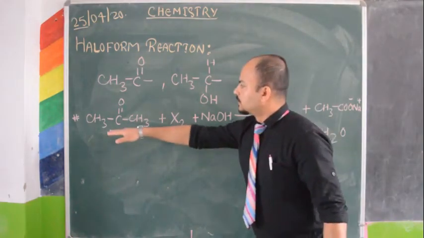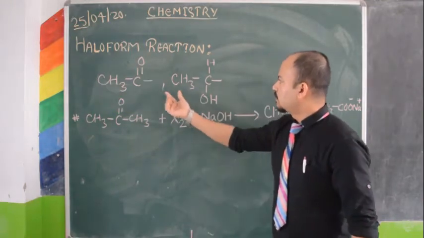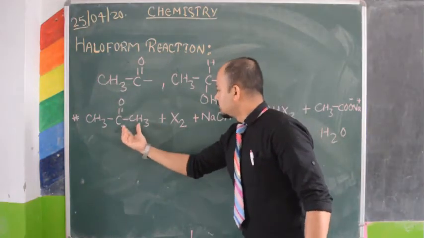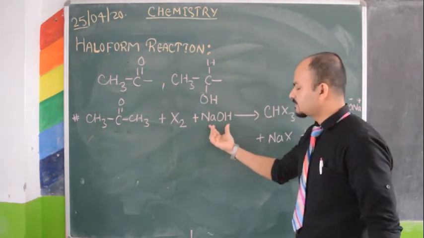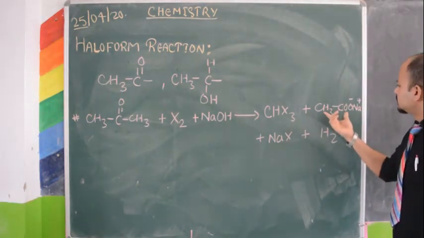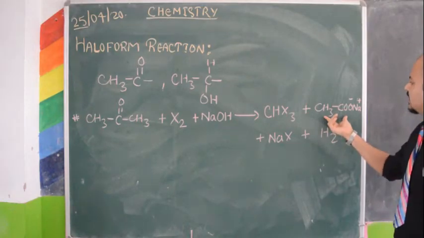So, whenever organic compounds containing a CH3 C double bond O group or a CH3 CHOH group react with halogen in presence of NaOH, you will be getting haloform and the salt of carboxylate anion.